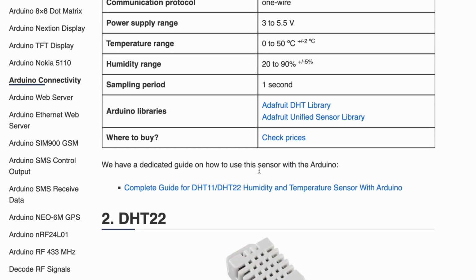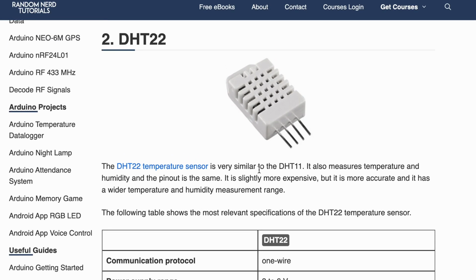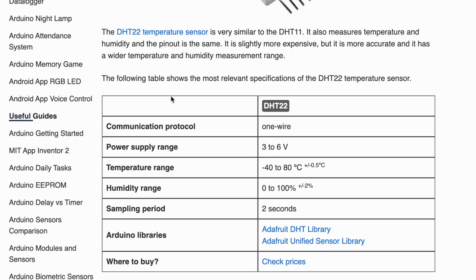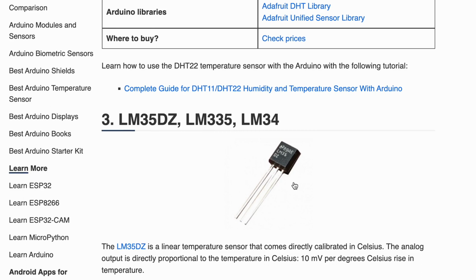Now you can see the limit, so we have to look at the limitations. The DHT22 has a much better temperature range. If you are going to make a device to measure atmospheric temperature, this is much better than the one above.